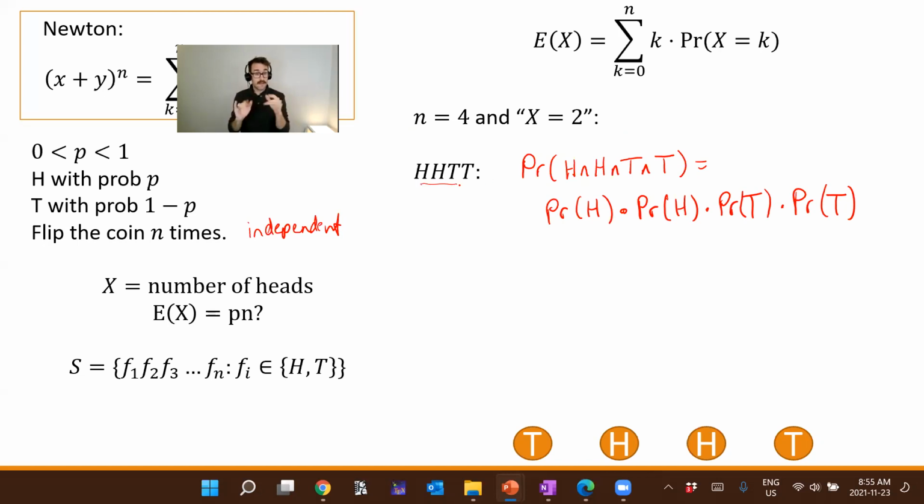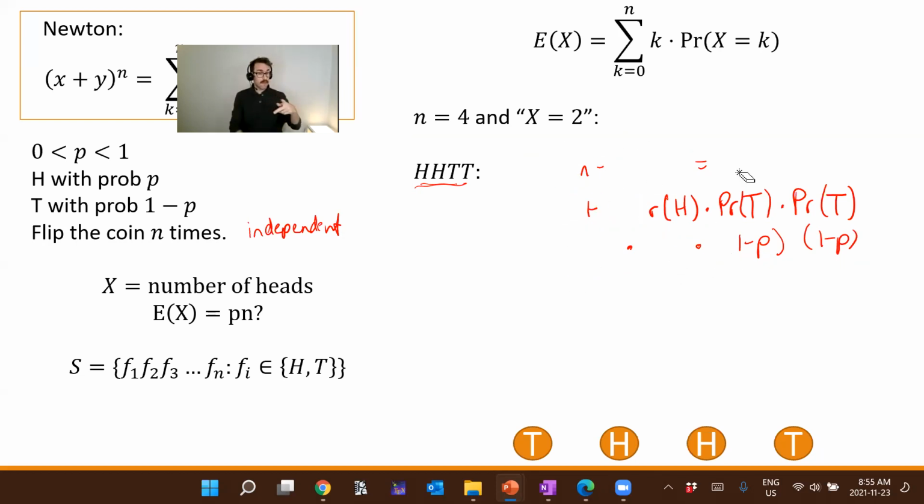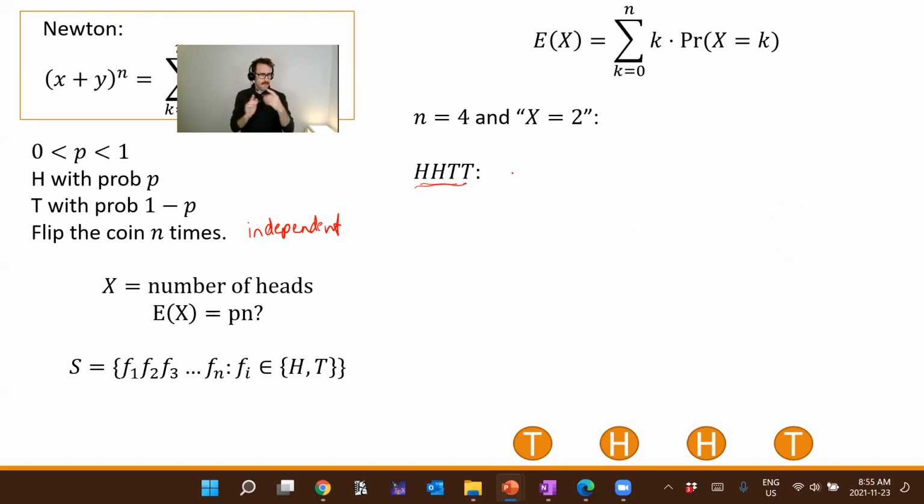So then the probability of this is, well, we know this is p, this is p, this is 1 minus p, and this is 1 minus p. So the probability of this outcome is p times p times 1 minus p times 1 minus p. First of all, we will list out all of the possible outcomes.